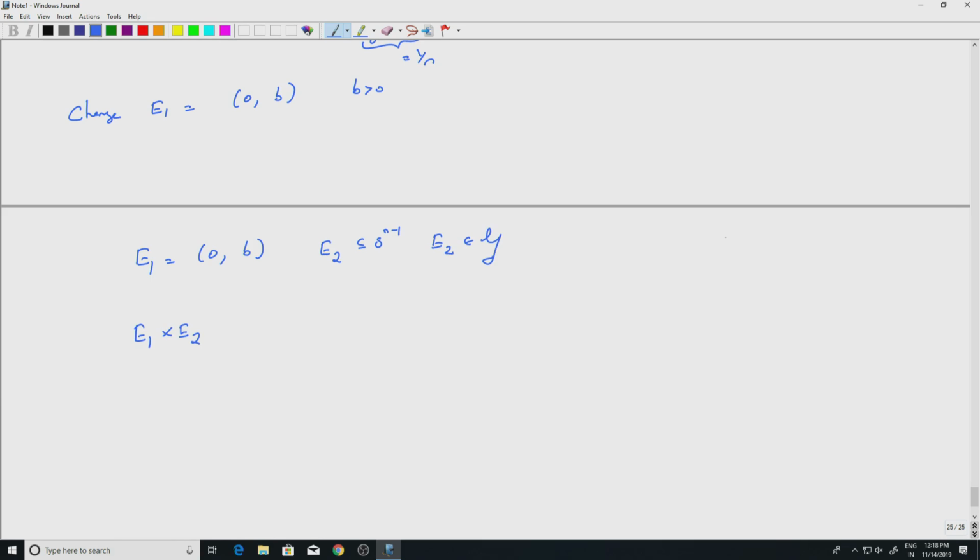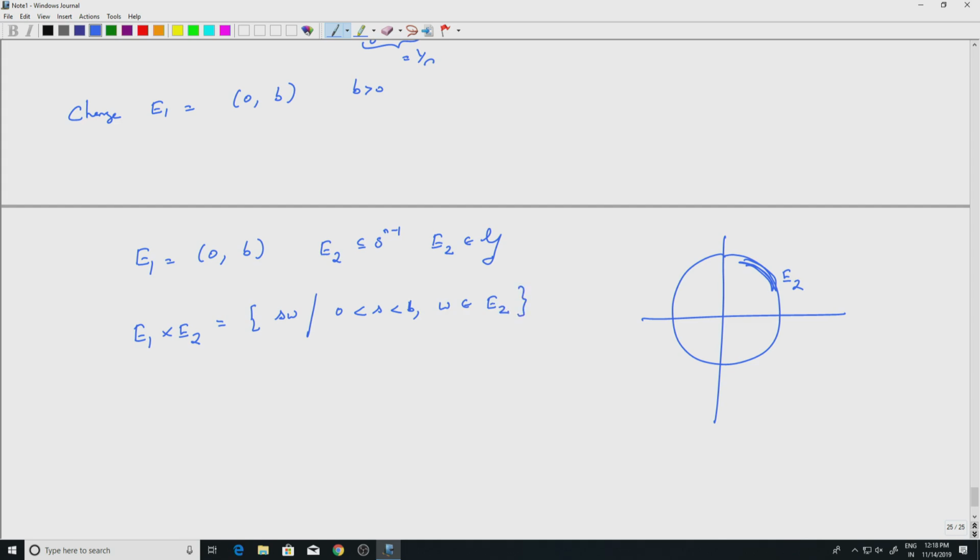Let us try to understand this. So this is my unit circle. Let us say this is E2, and b is some number. So E1 cross E2 is identified with all those sw where 0 is less than s less than b. So instead of 1 now go till b, and w is of course in E2.